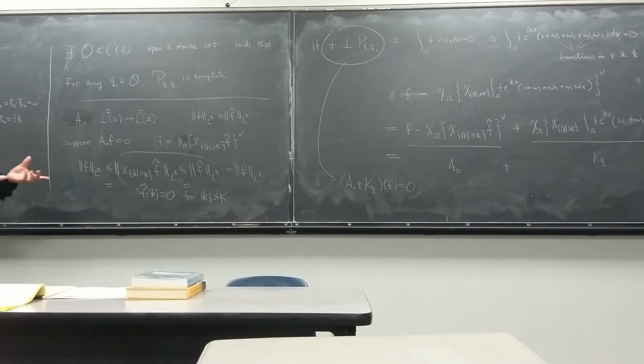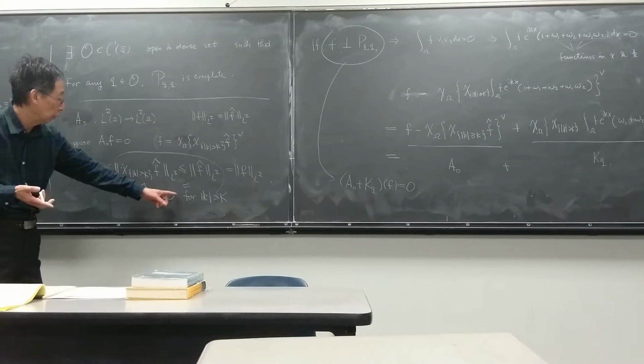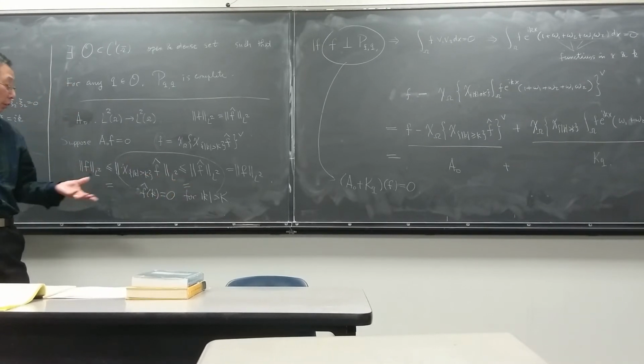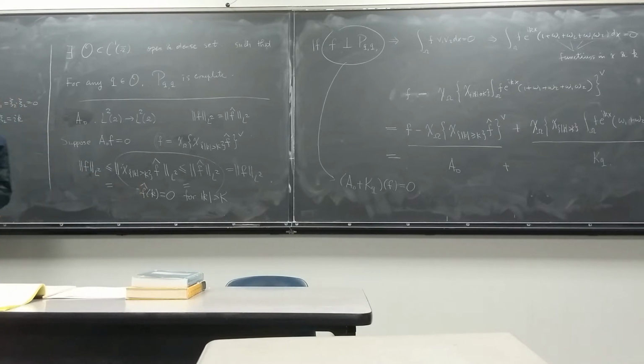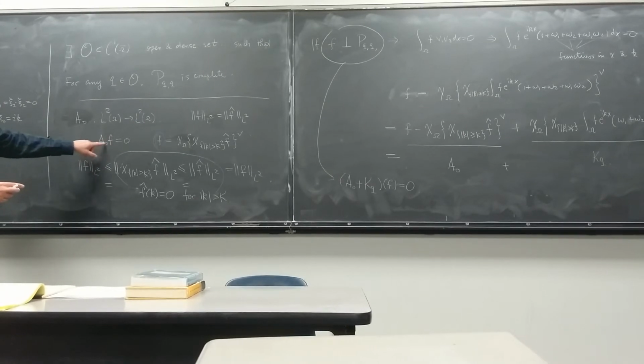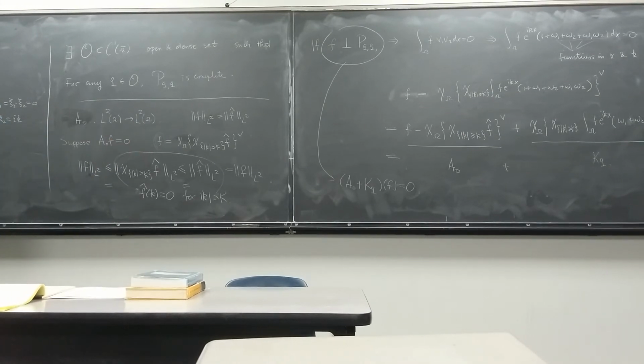But for this analytic function, this function becomes 0 for large k, so the Fourier transform has to be exactly 0. Therefore F has to be 0. So this shows that any F in the null set of this has to be a 0 function. So this has to be isomorphic from L2 to L2.